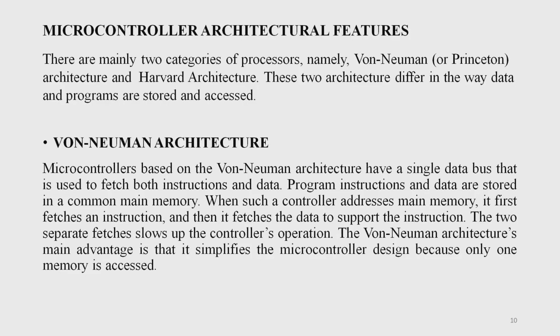It first fetches an instruction and then fetches the data to support the instruction. These two separate fetches slow down the controller operation. The main advantage of the von Neumann architecture is that it simplifies the design, but it slows down the controller's operation.